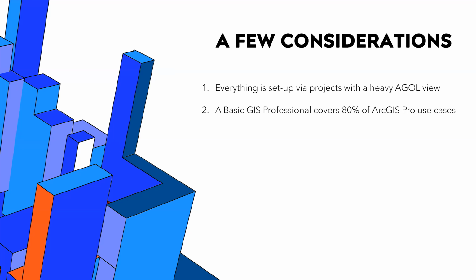You might have numerous related tables that you're creating. You can only do that in a standard license. There might be cartography tools that you want to get access to. It's only available on an advanced license, but for the most part, a basic ArcGIS Pro license covers 80% of your use cases. And you can always upgrade and Esri will pro rate it.